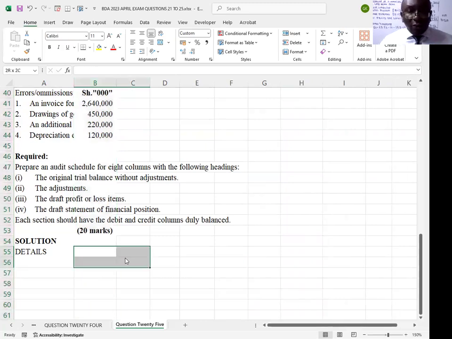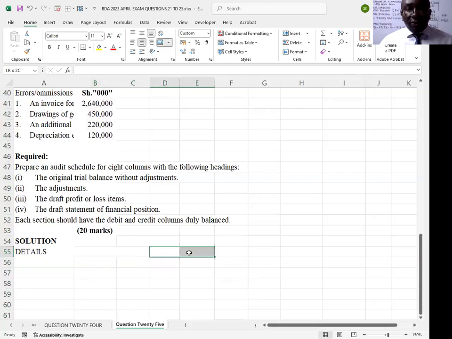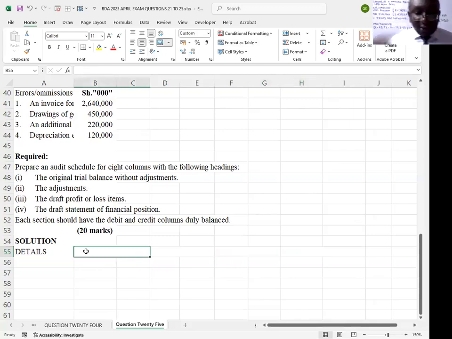These two, you merge. These two, you merge. These other two you merge, and these other two you merge. So this one is the original trial balance.